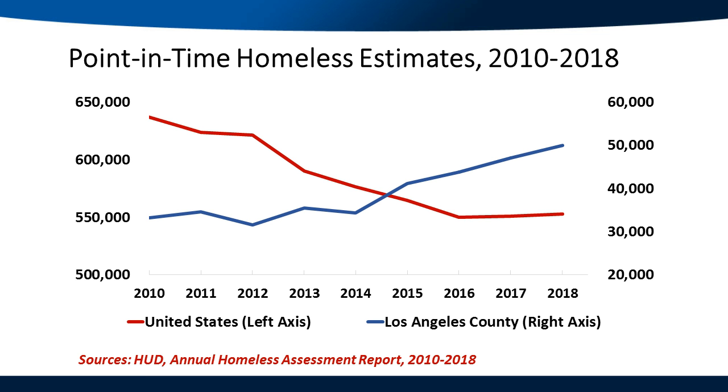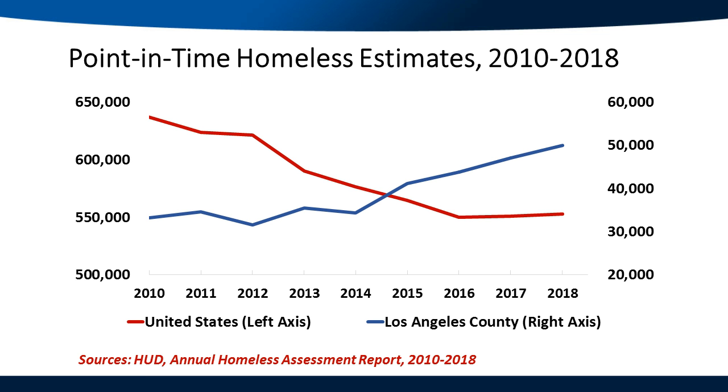Over the last decade, we have seen a downward trend in the number of homeless in the United States, although that downward trend sort of stalled the last couple of years, but still we see a significant decrease from nearly 650,000 to just over 550,000 individuals who are homeless on any given day in the U.S. On the other hand, that trend unfortunately has not been replicated in LA County.